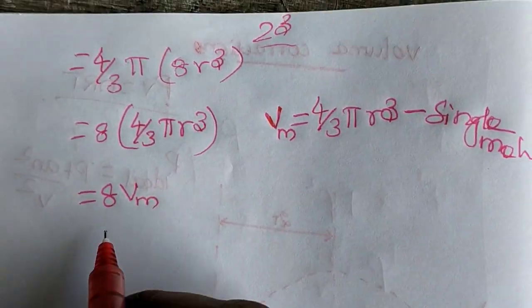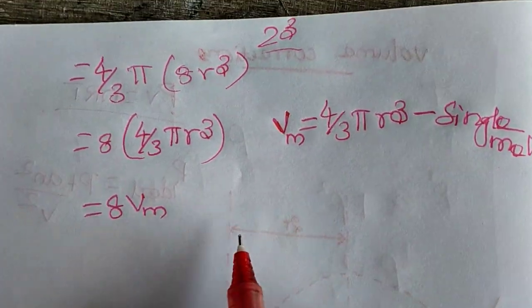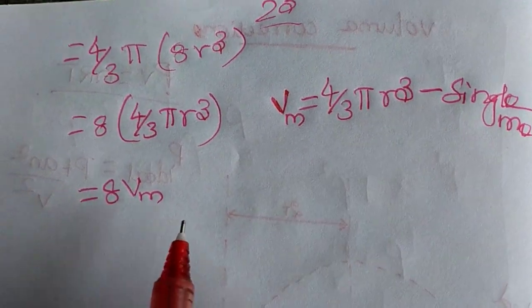So 8 Vm is the excluded volume of two molecules.